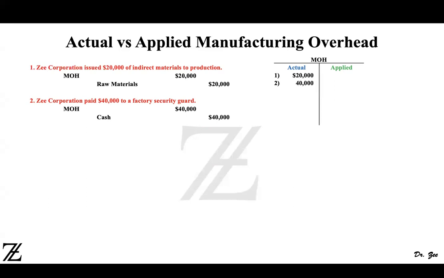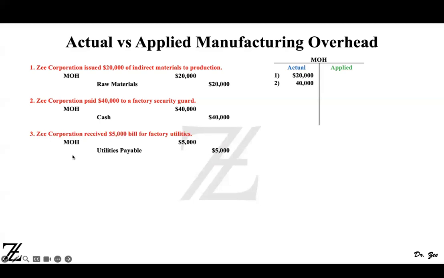Now, the third one, we're going to start with the other factory overhead. In this case, Z Corporation received a $5,000 bill for factory utilities. Now they received a bill, which means they have not paid it yet. If it said Z Corporation has paid a $5,000 utility bill, the entry might be different.